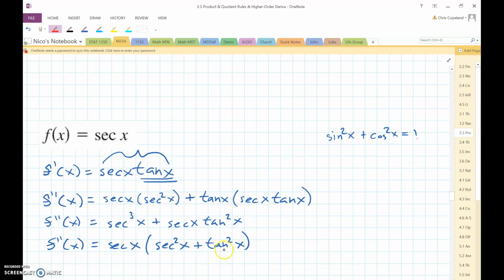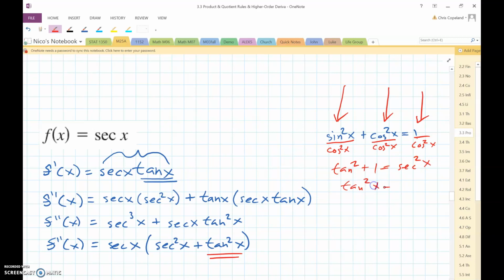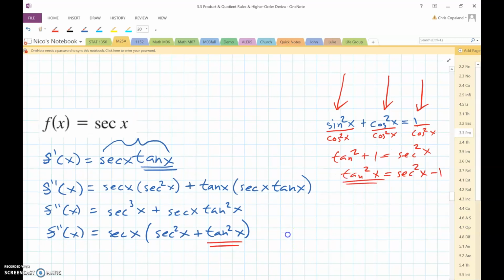Let's see if we can turn one of these into tangent squared of x. I can do that by dividing this one by cosine squared of x. So then this would be tangent squared of x plus 1 equals secant squared of x. Then I could subtract 1 from both sides, and I get secant squared x minus 1 equals tangent squared of x.